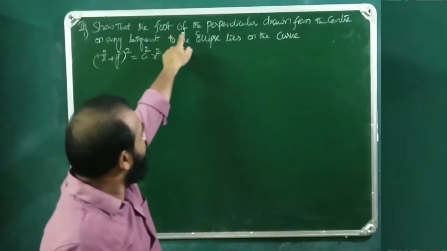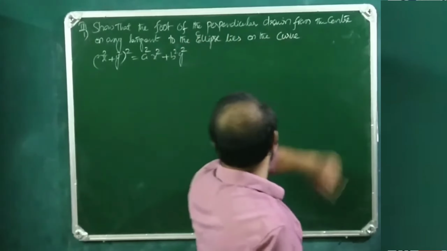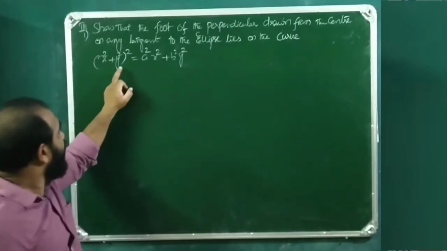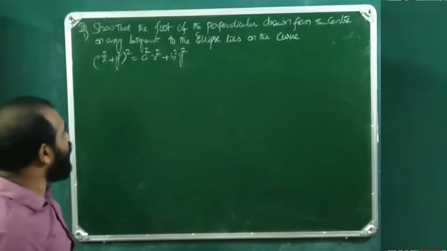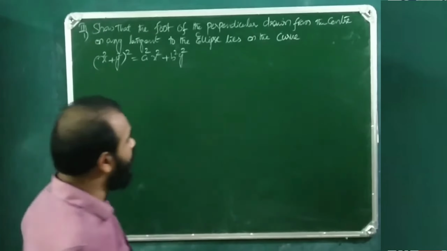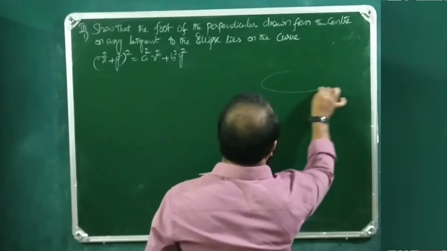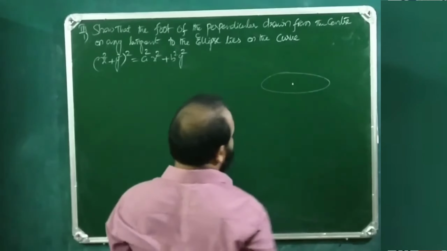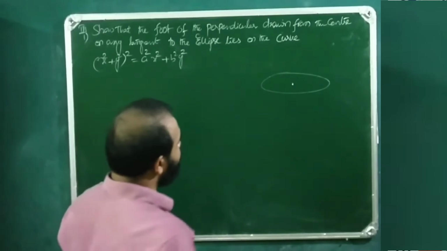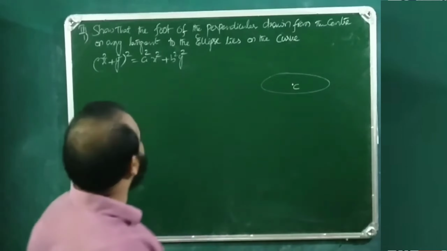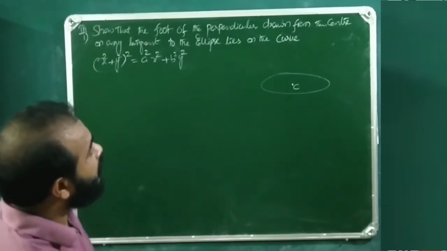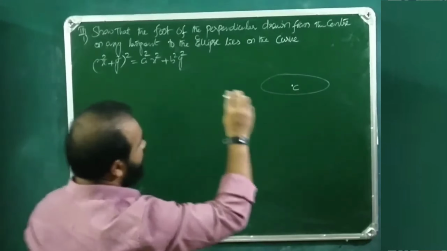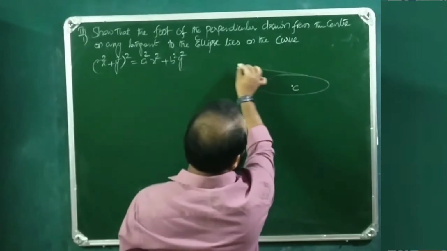Show that the foot of the perpendicular drawn from the center on any tangent to the ellipse lies on the curve (x square plus y square) whole square equals to a square x square plus b square y square. So for example, this is the ellipse, and this is the center of the ellipse C. Show that the foot of the perpendicular drawn from this center on any tangent.